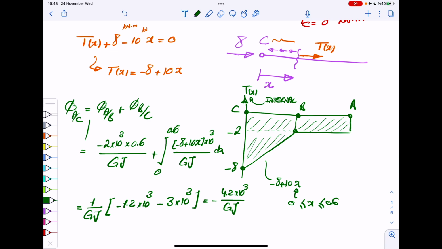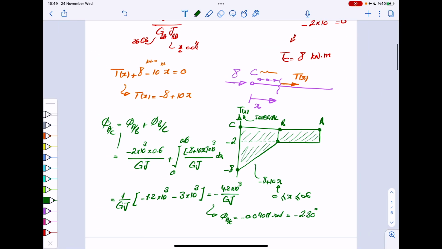G was 26 gigapascal, and it's a solid shaft. You use the formula for solid shafts. And if you insert GJ for that, you get your phi of A with respect to C to be minus 0.04017 radian, or minus 2.30 degrees.